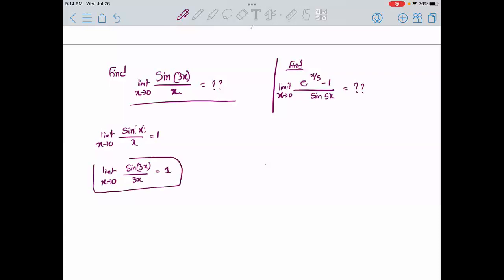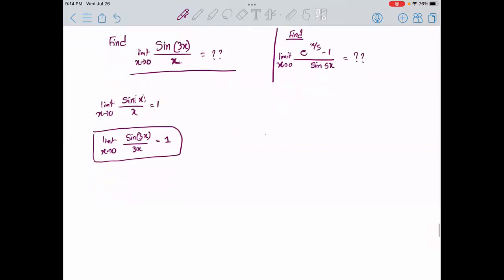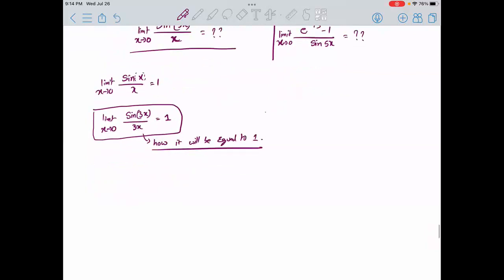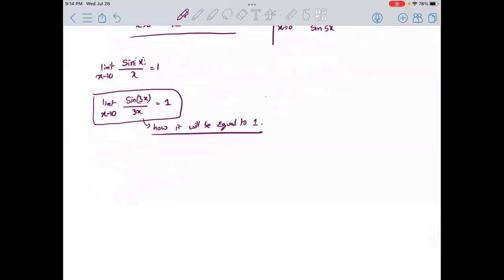How will it be equal to 1? Because the denominator is the same as the angle for sine.